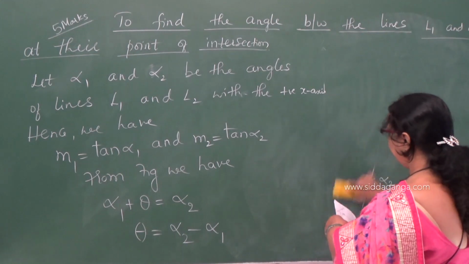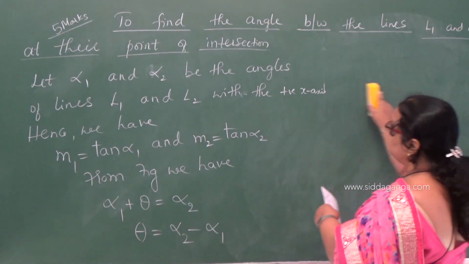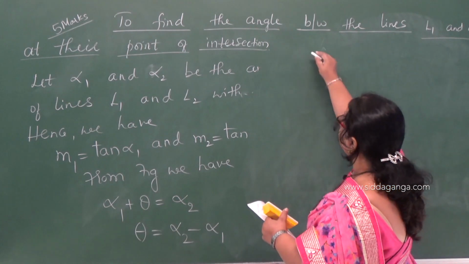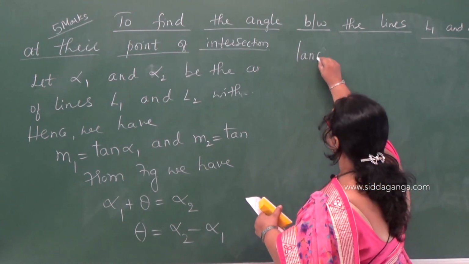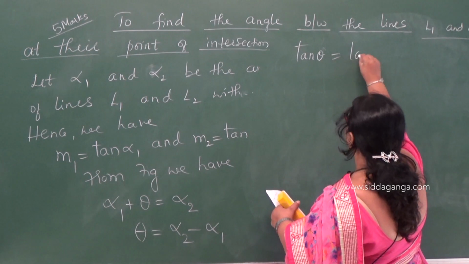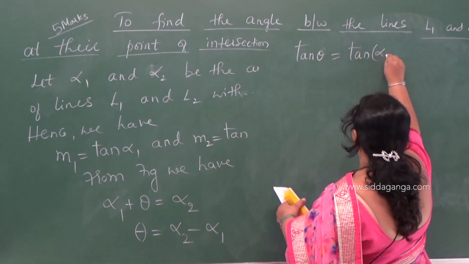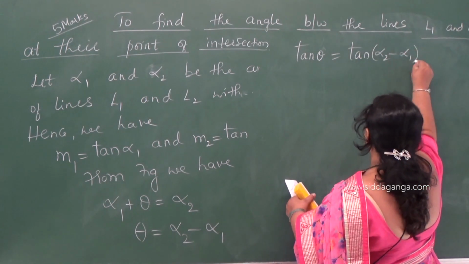Now you apply the tan ratio on both sides. Then it becomes tan theta equal to tan of alpha 2 minus alpha 1.